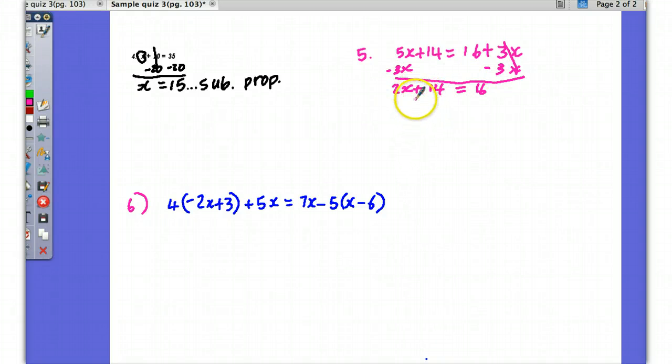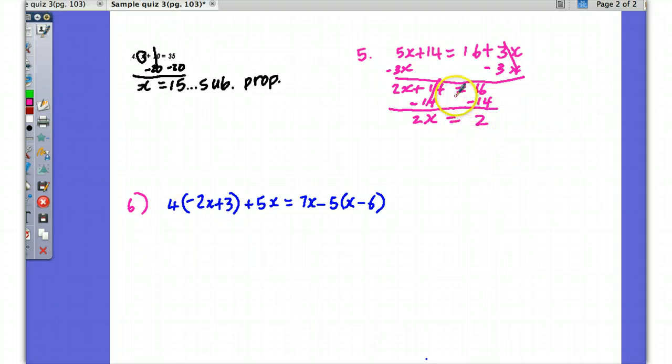So this being a plus 14, we're going to do the opposite to get rid of it from the left hand side. So that's what we do by subtracting 14 from both sides. That will be gone. So we have 2x is equal to 16, take away 14, that would be 2.